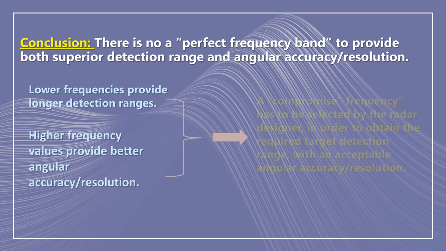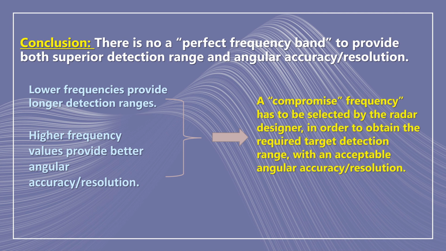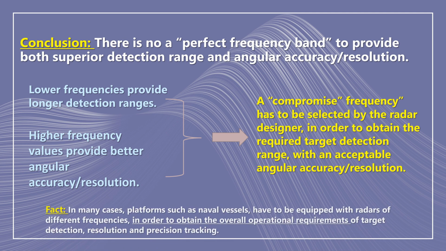Conclusion: there is no perfect frequency band to provide both superior detection range and angular accuracy and resolution. Lower frequencies provide longer detection ranges, while higher frequency values provide better angular accuracy and resolution.